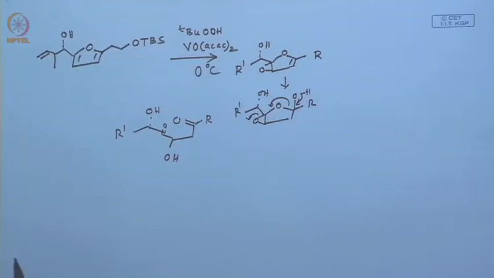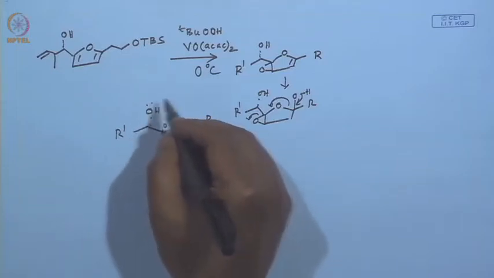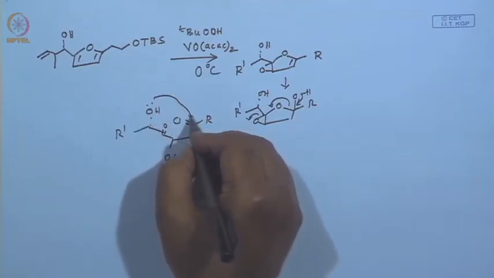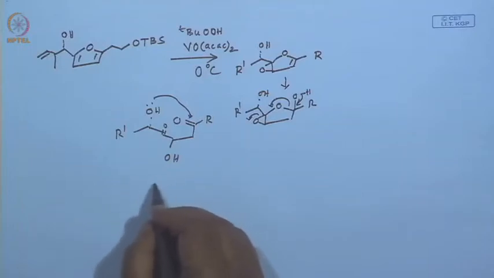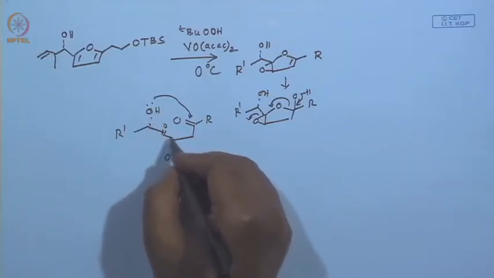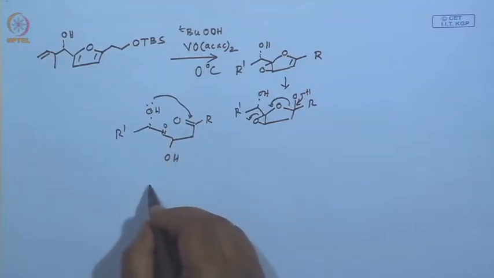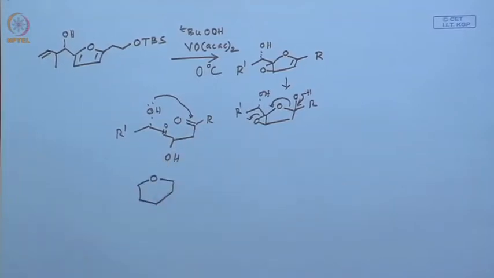Okay. So what do you expect then? Next would be ketalization. So that means 1, 2, 3, 4, 5, 6. So we can blindly write it is a pyran ring structure, right? Pyran ring structures.